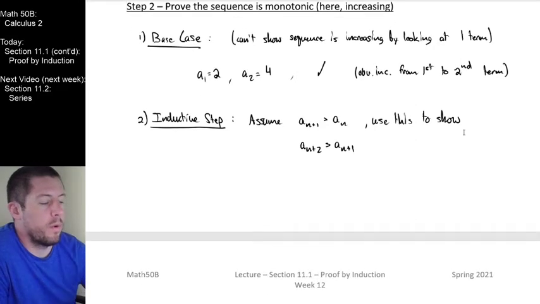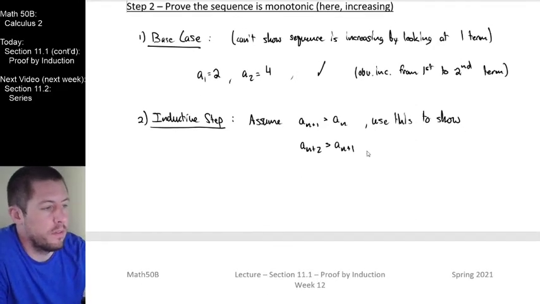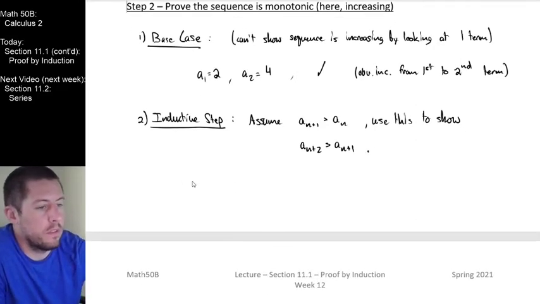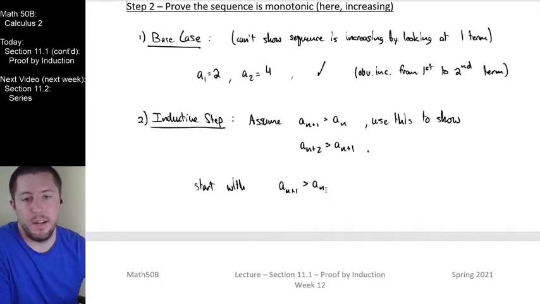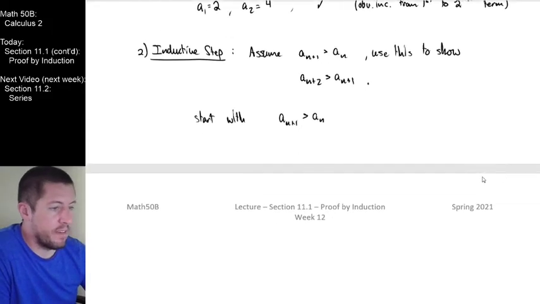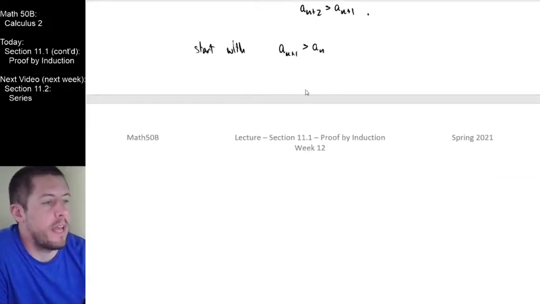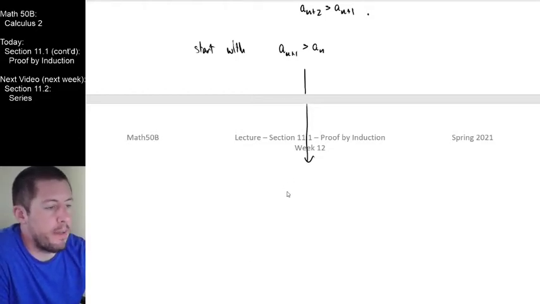So we are going to start with a sub n plus 1 is greater than a sub n. And what I'm going to do is incredibly similar algebra to the previous example. It's not even going to be super exciting. I'm going to do the very same algebra steps here.